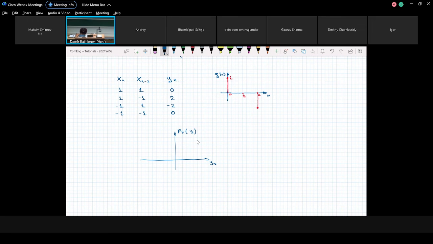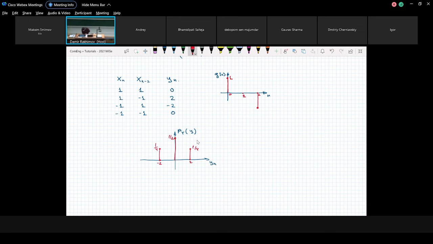And we say that for 0 we have probability 1 by 2. For possible outcome 2, we have probability 1 by 4. For minus 2, we have also 1 by 4. This is our probability mass function.